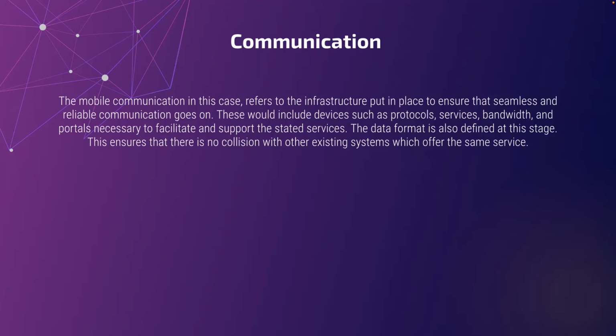So currently we have communication mechanisms like 2G, 3G, 4G, and in some places 5G as well. In a scenario like that, the infrastructure cost to set up this communication mechanism is very high.